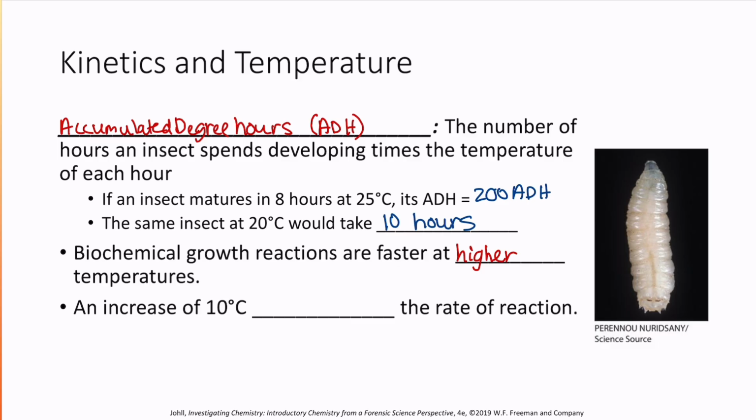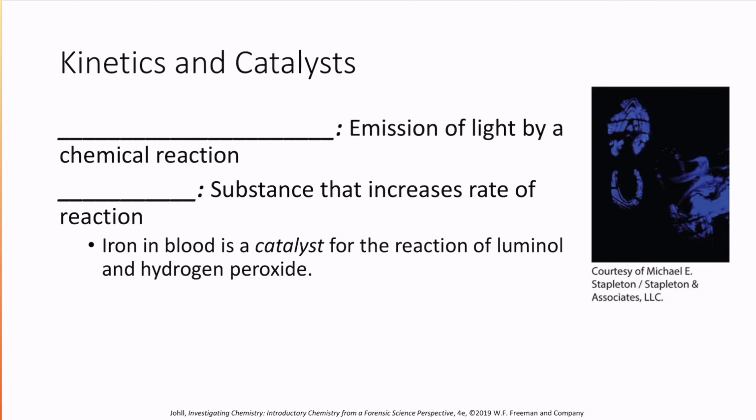Generally, an increase in temperature of 10 degrees will double the rate of the reaction. So we can use temperature to speed up a reaction, but we can also use what is called a catalyst.